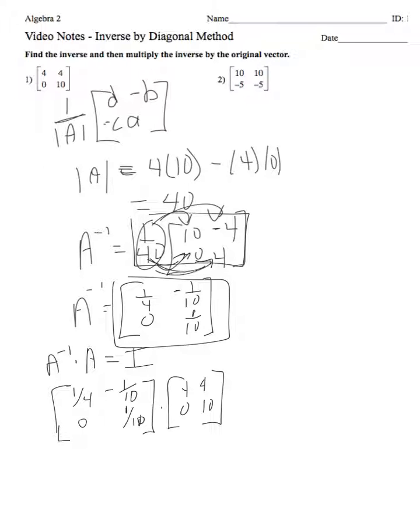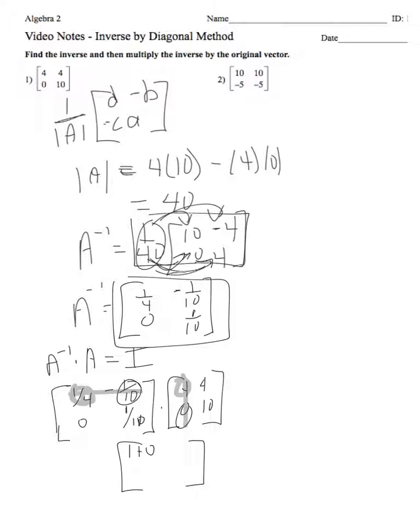It's going to be a 2 by 2, so that should be pretty straightforward. I'm going to go this times this. So I have 1/4 times 4, which is 1, plus this piece, negative 1/10 times 0. So 1 plus 0.